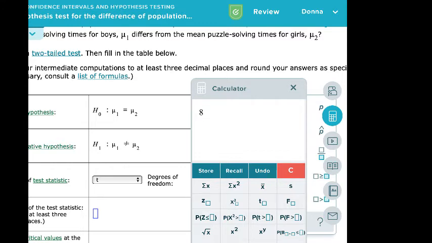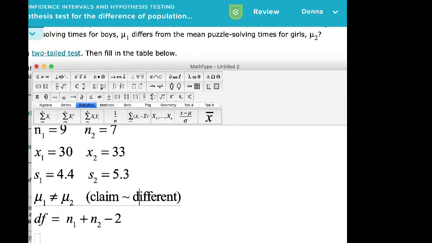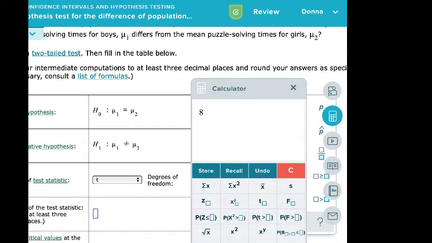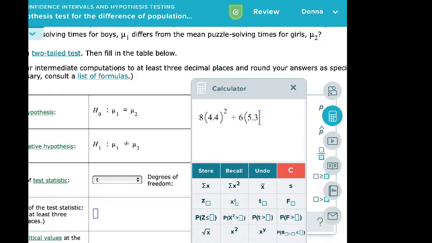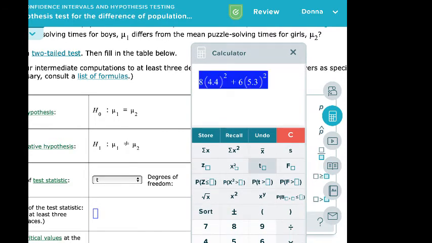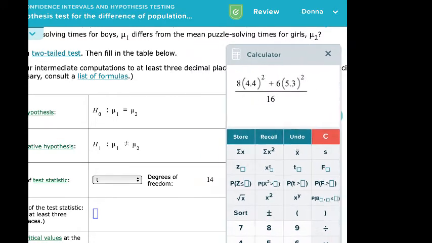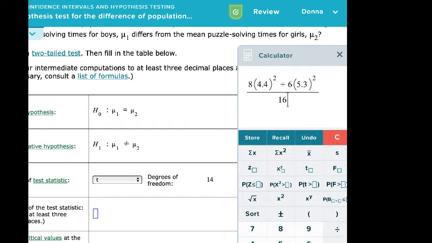And then we had S1 equal to 4.4 squared, and the standard deviation for the girls was 5.3, all over the degrees of freedom, which is 9 plus 7 minus 2.